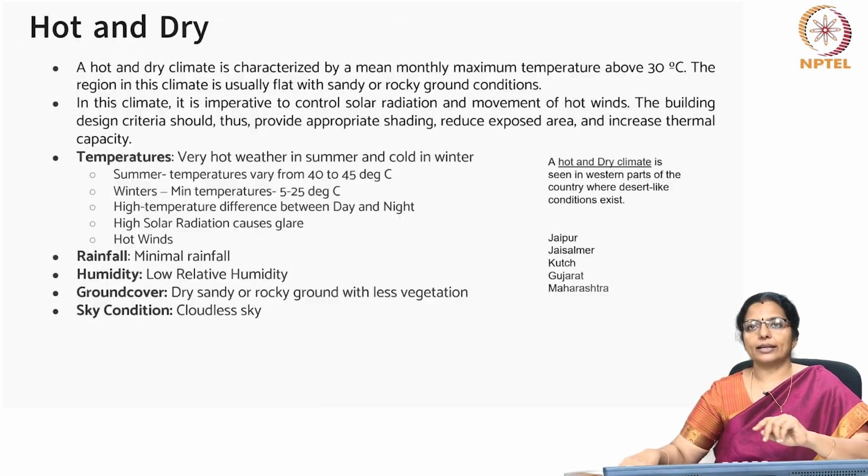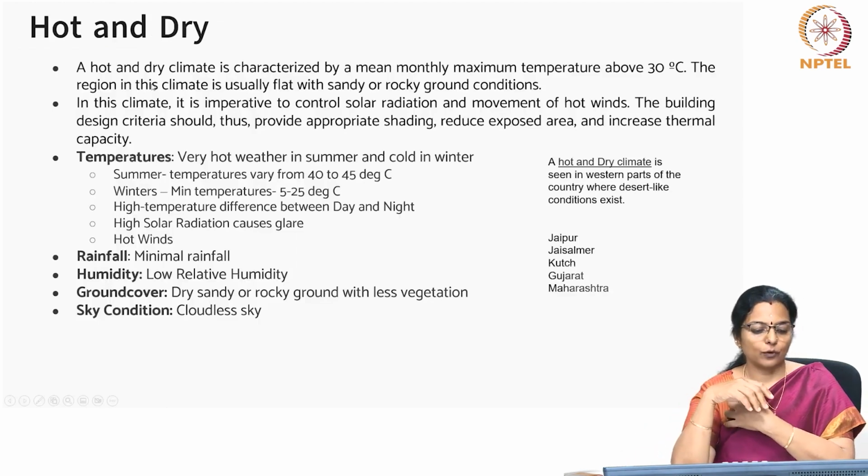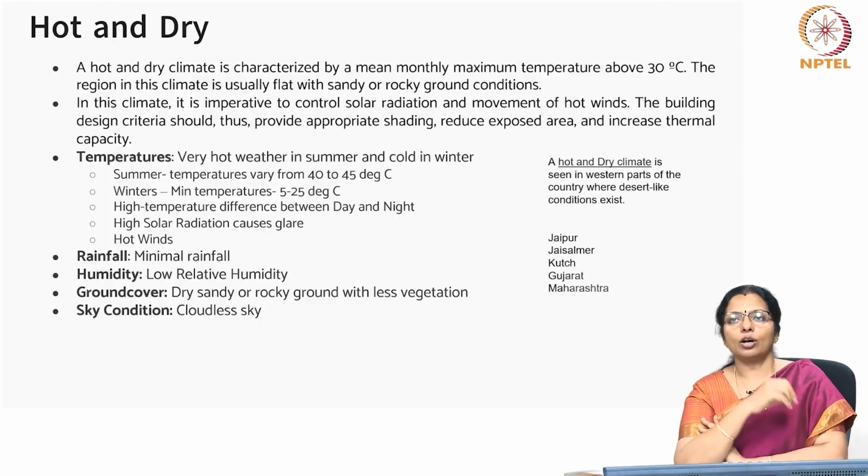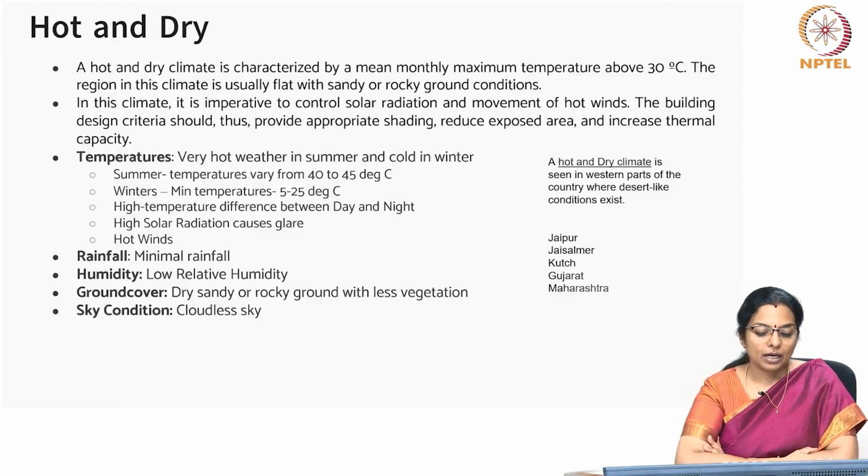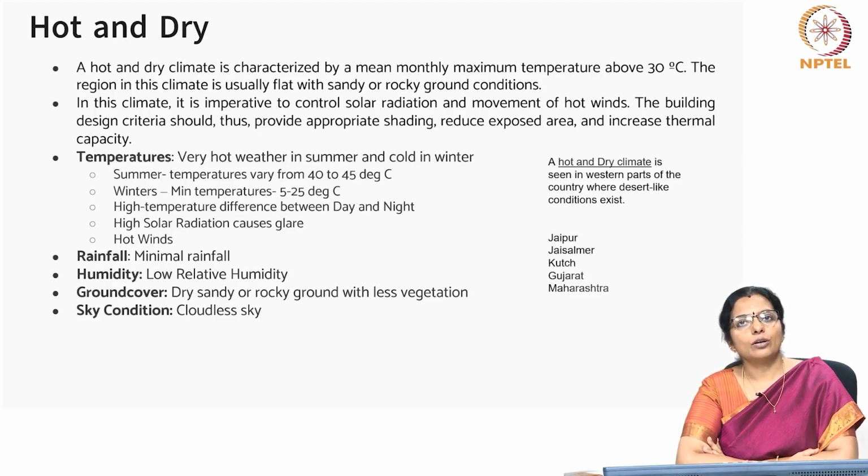So let's look at the characteristics for hot and dry. In a hot and dry climate, this climate is characterized by a mean monthly maximum temperature which is above 30 degrees centigrade, and the region in this climate is usually flat. The building design criteria should thus provide appropriate shading, reduce exposed area and increase thermal capacity.